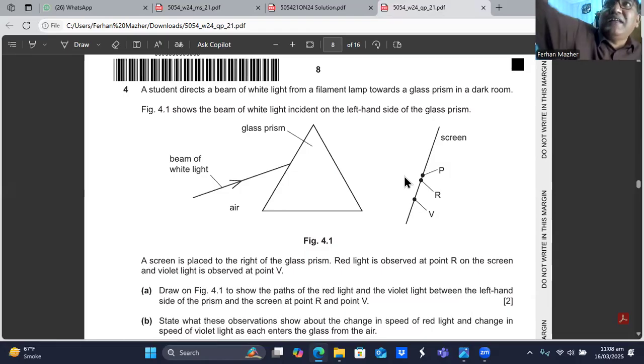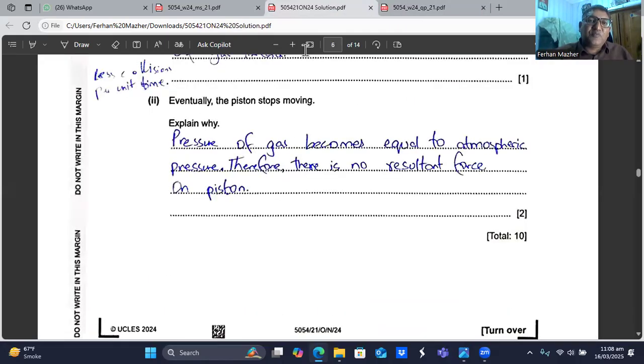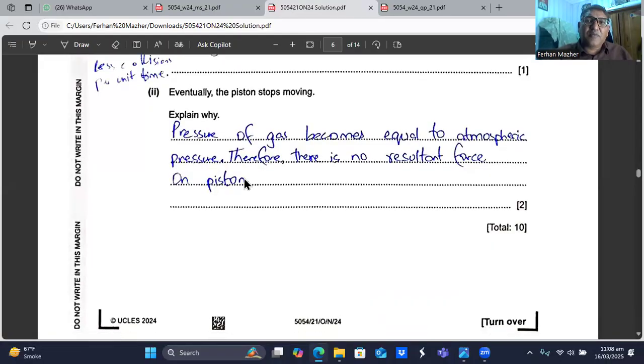So what will happen then? When the light enters into the prism, the light will split into its colors. And when it comes out, it is still split, and it is supposed to bend away from the normal.